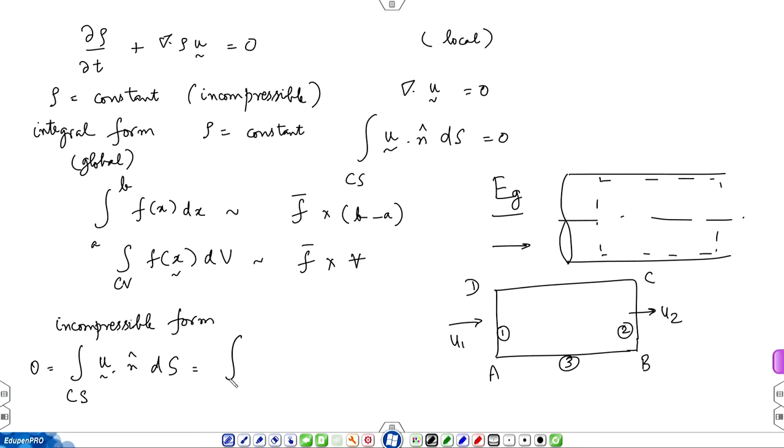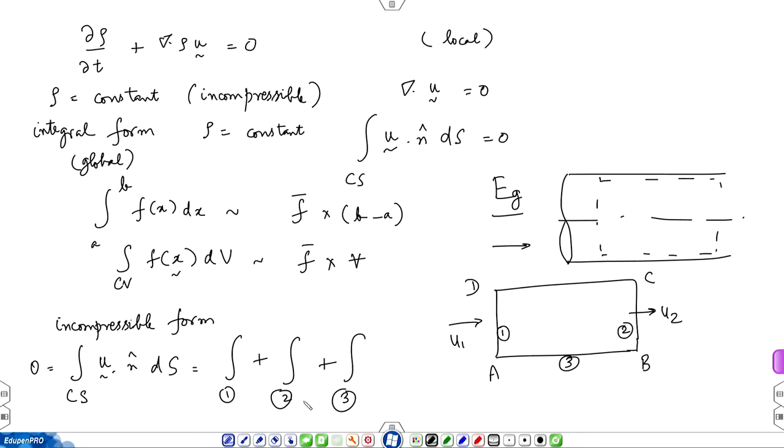It is equal to integral over 1 plus integral over 2 plus integral over 3. Integral of what? u dot n ds over that part of the surface. Now, u dot n is the velocity component normal to the surface. So, if you pick 3 to be the inner surface of the solid wall, u dot n, there is no flow piercing through the tube. So, it is 0.